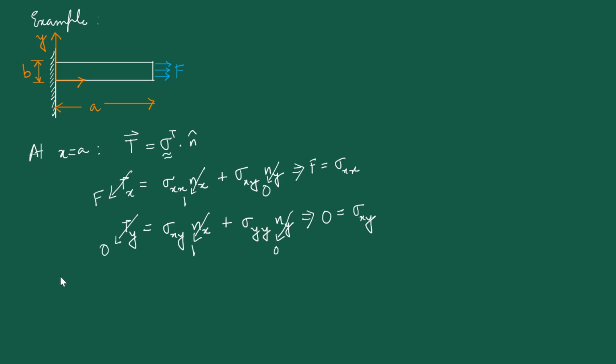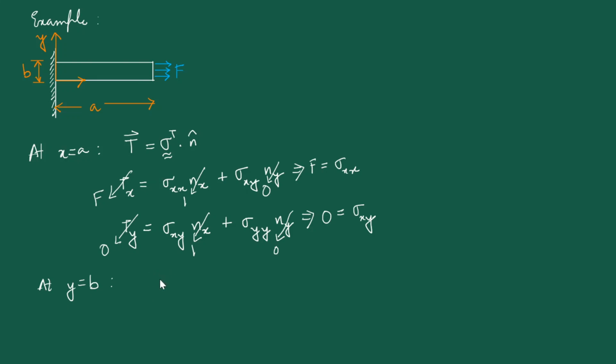Next, let us go to the top surface. That will be given by y equal to b. At y equal to b, we can do a similar sort of thing. We can write the Tx and Ty, and you note that on the top surface, Tx is going to be equal to 0, and Ty is also going to be equal to 0.